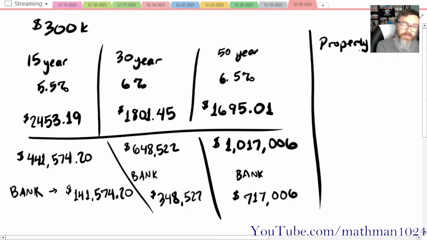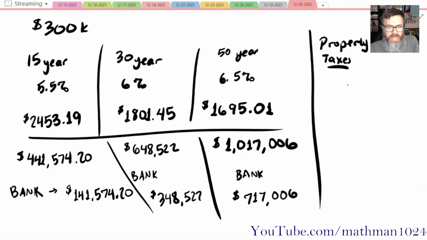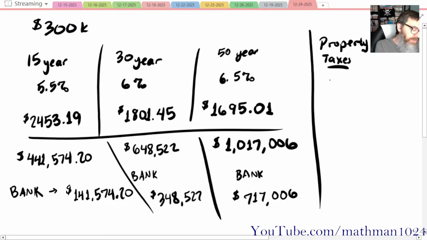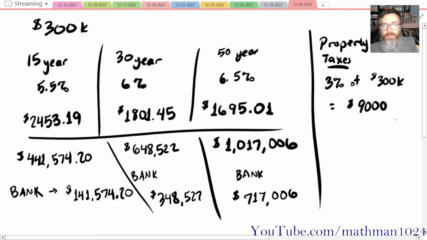These property taxes will go to pay for the schools, the municipal utility district, waterworks, infrastructure, police, fire, all the stuff that we want, right? And so property taxes end up being about 3% of the assessed value of your home. So 3% of a $300,000 home is $9,000 per year.